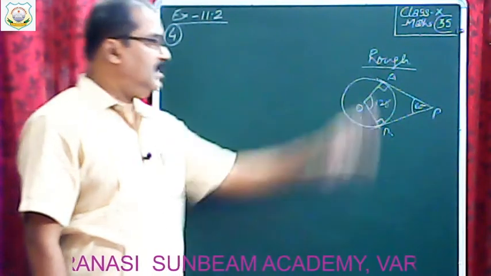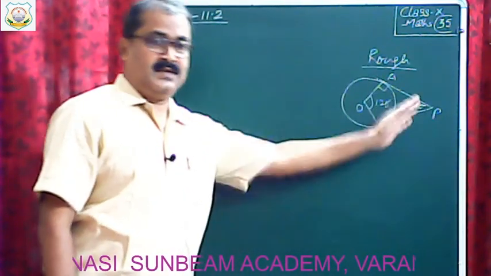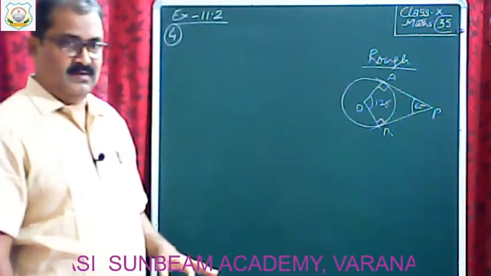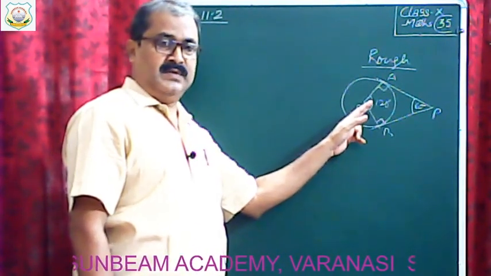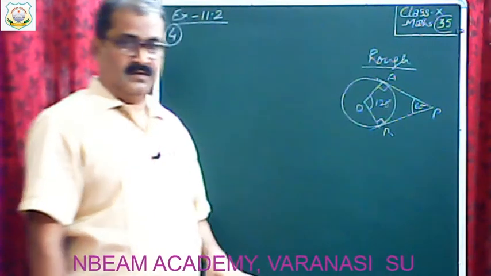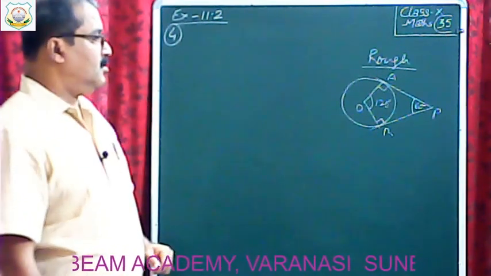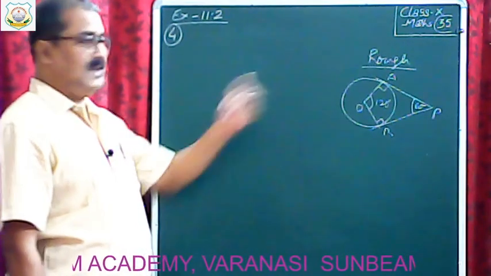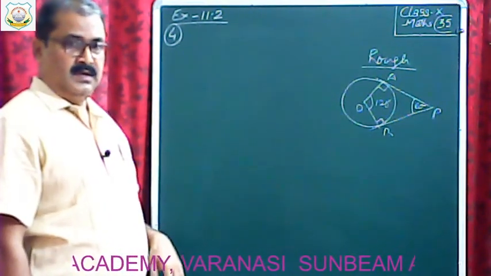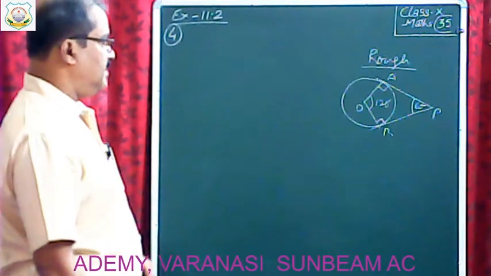Means only the angle of inclination of tangents, 60, is given. So how to get that point P? Okay, let's see step by step.